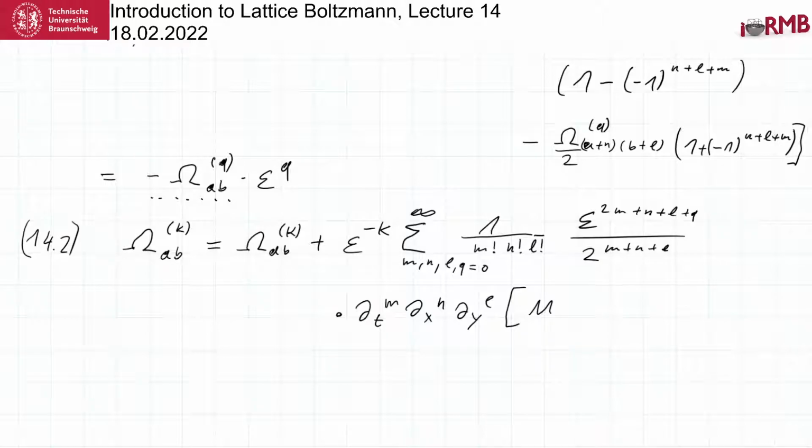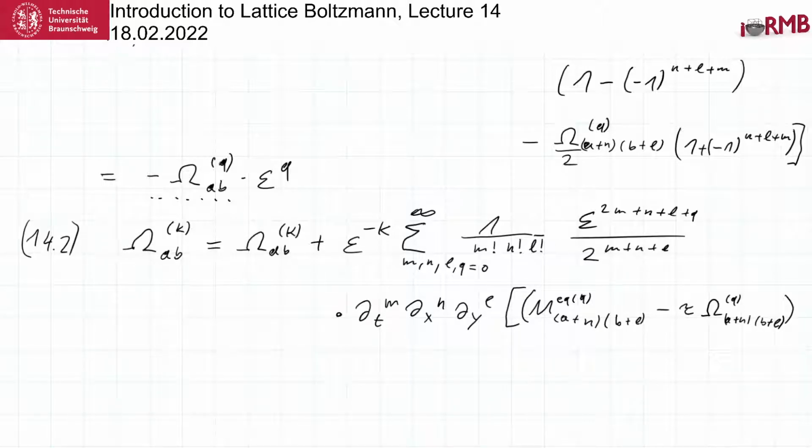Now I introduce the replacement of the collision operator in this stage here. This is then now the equilibrium at the order q, and this is a plus n, b plus l, minus tau omega order q, a plus n, b plus l.